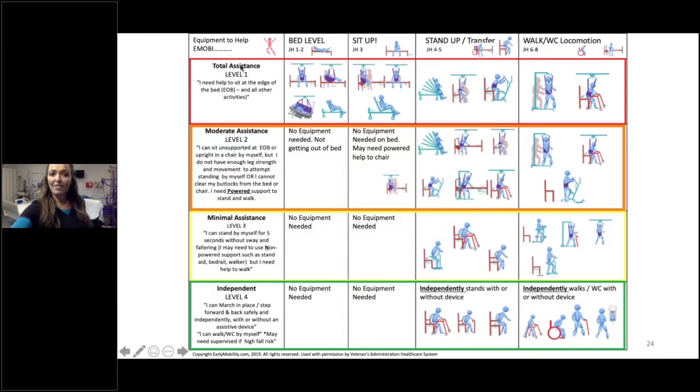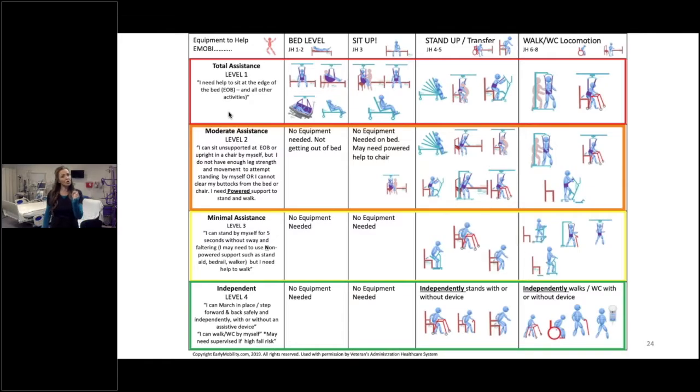We then look at the mobility level. Remember, a level 1, total assistance. I need help to sit at the edge of the bed and all other activities. Level 1, total assistance, does not mean that they cannot walk. It means they cannot do so safely on their own without equipment.